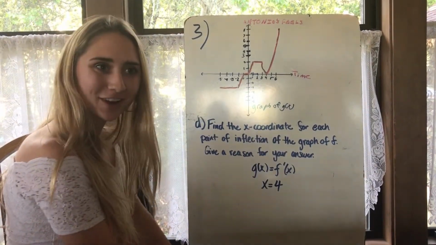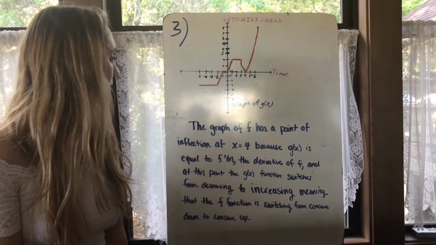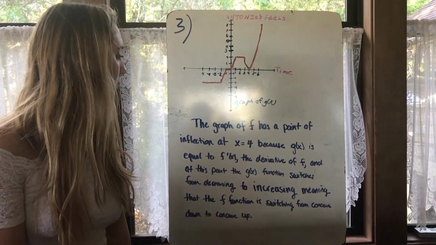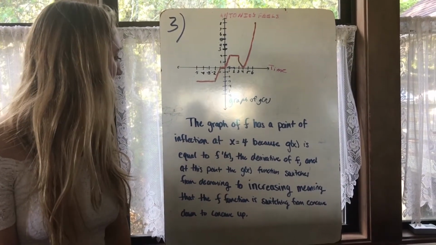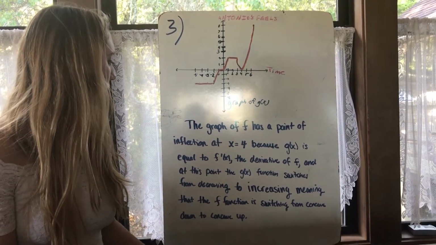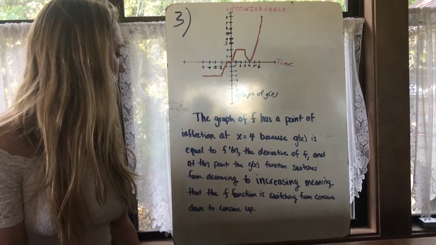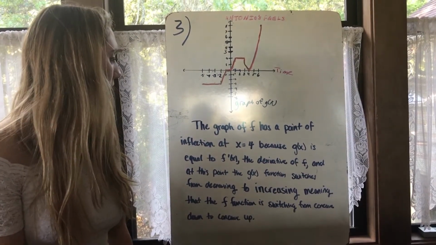Now we have to write a sentence for it. So we wrote a sentence. The graph of f has a point of inflection at x equals 4 because g of x is equal to f prime of x, the derivative of f. And at this point, the g of x function switches from decreasing to increasing, meaning that the f function is switching from concave down to concave up.